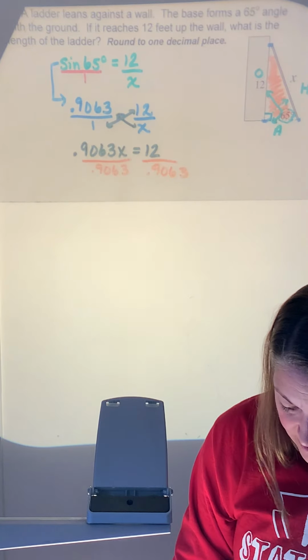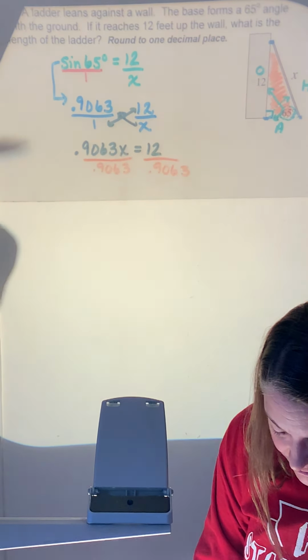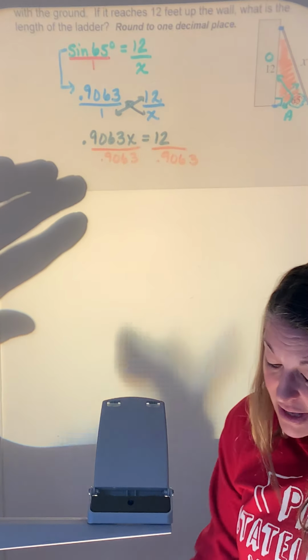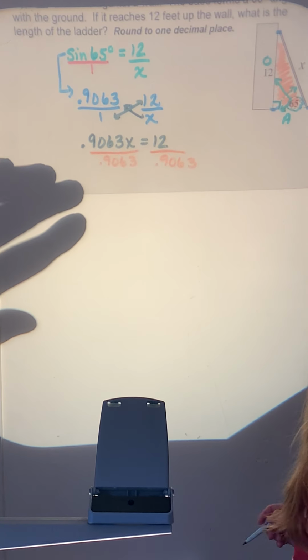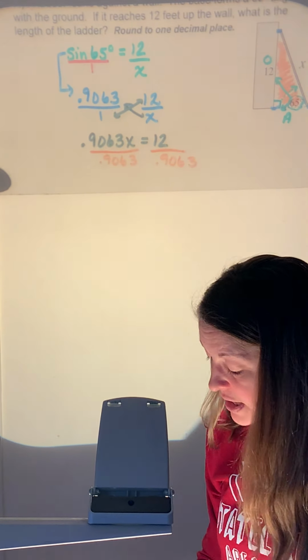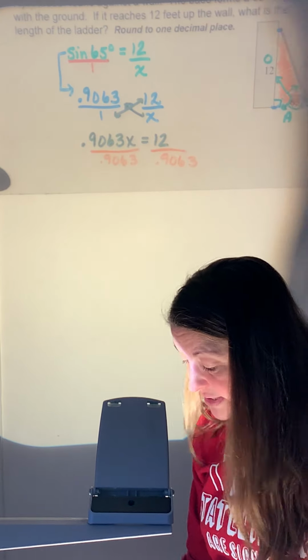All right, so 12 divided by 0.9063. Whew, ugly decimal, and actually, look right here, it says to round to 1 decimal place. So if it does specify rounding, please follow those directions. The number I'm getting is 13.24064.